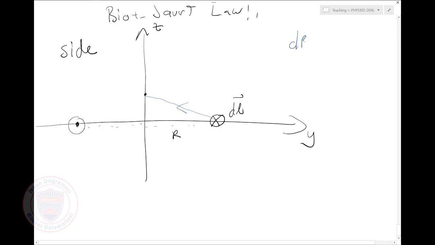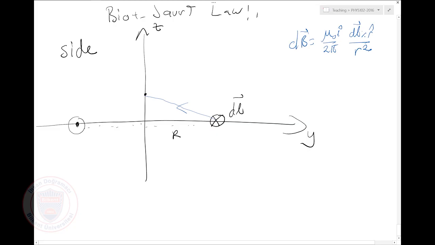Remember what Biot and Savart told us? It will be mu0 I over 4 pi, dl cross r hat divided by r squared. So I need dl cross r hat. What was that vector r? It was from the current to the observation point. So dl is into the board, right? R is like this. So dl cross r is going to be perpendicular to the line in that direction. Alright?